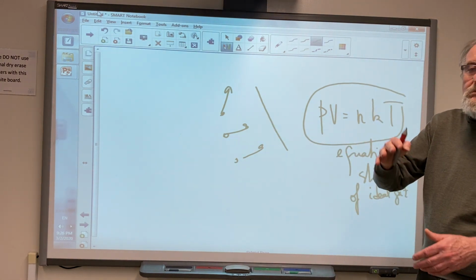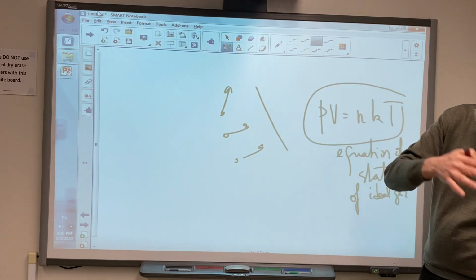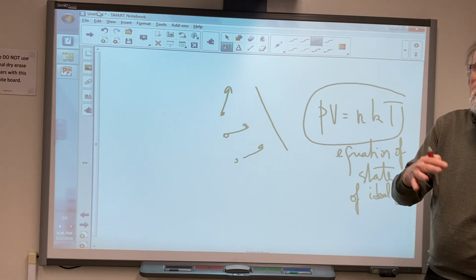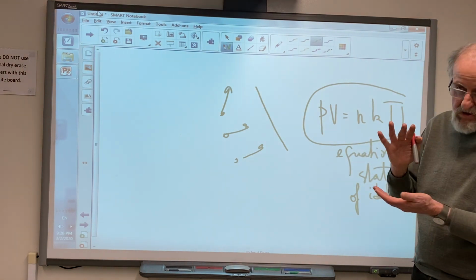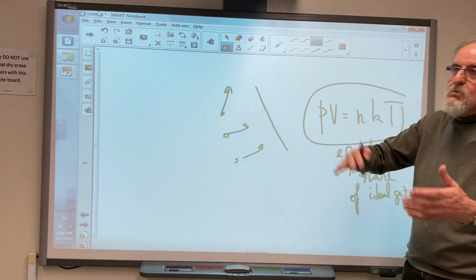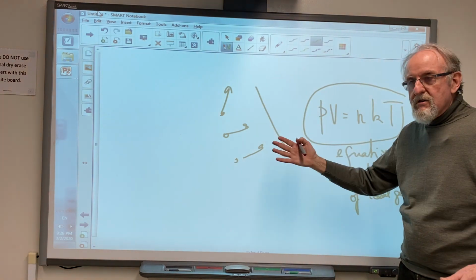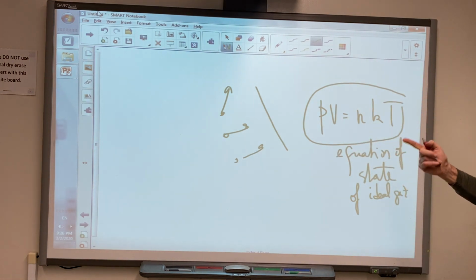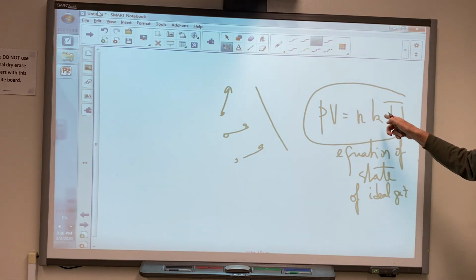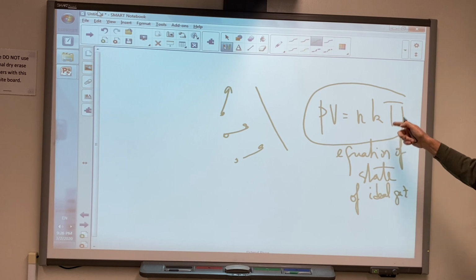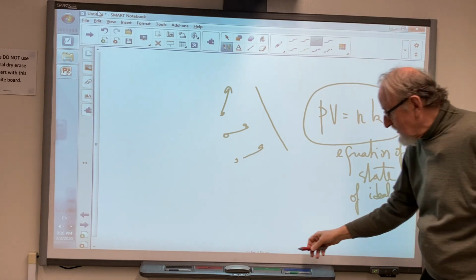Of those, how much velocity do they have, then how much momentum do they transfer to the wall, then how much momentum per unit time, which is the force they transfer to the wall, and then how much per unit area, which is the pressure. So kinetic theory builds a theory of pressure that actually gives this result. And that was one of the great advances of kinetic theory.